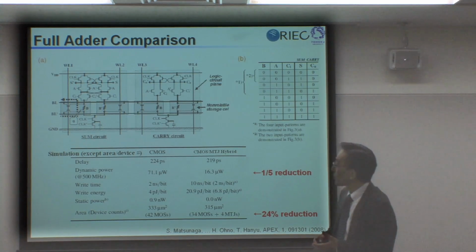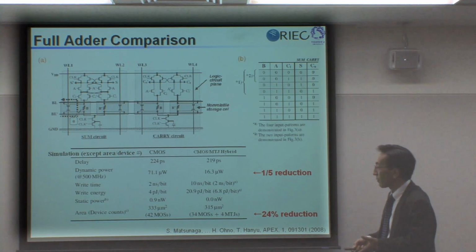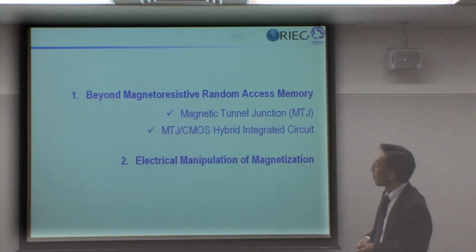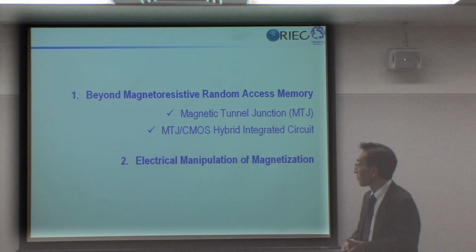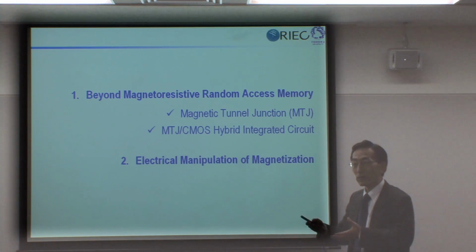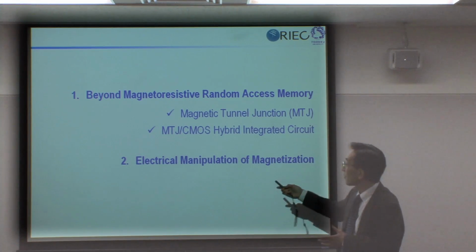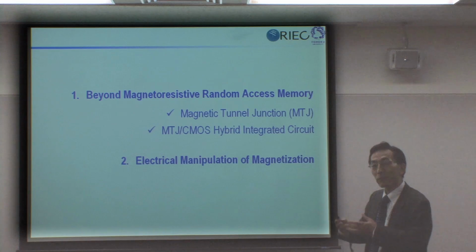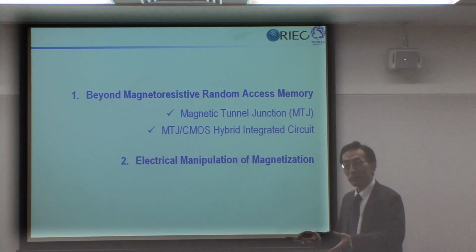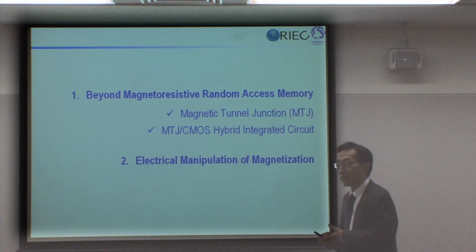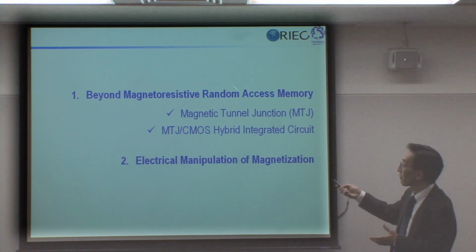Okay, so in the following, let's say, 10-15 minutes, I would like to discuss electrical manipulation of magnetization. So this is the science part. This is the nanoelectronics part. I would like to discuss what comes after the approach that we're using here.